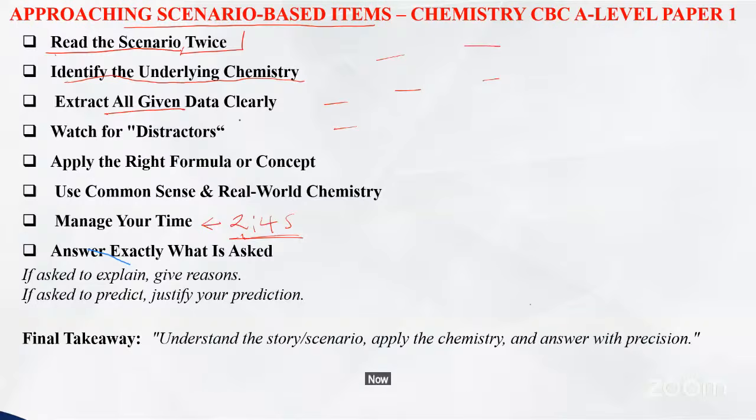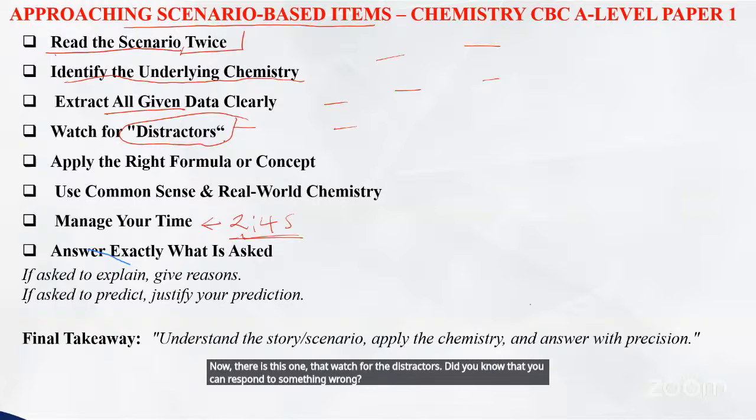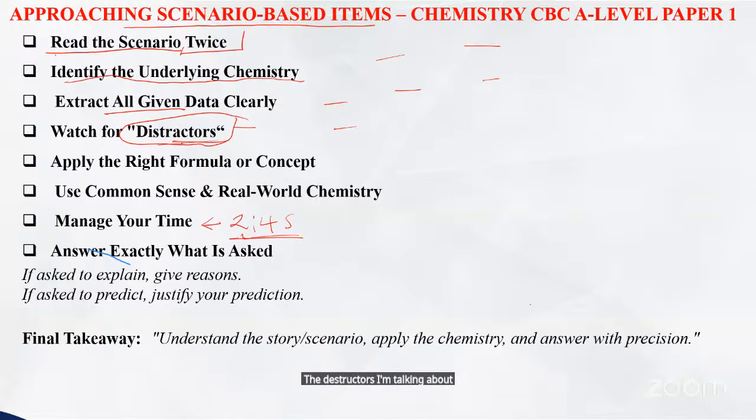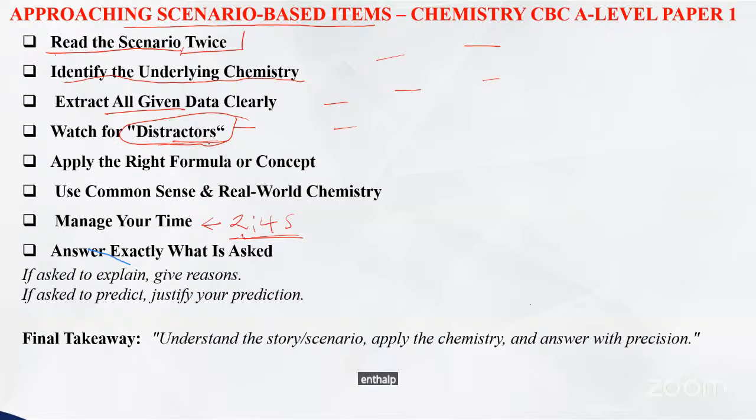Now, there is this one: watch for the distractors. Did you know that you can respond to something wrong? The distractors I'm talking about: read the scenario very well, get to know the exact thing they are looking for. It may be about thermochemistry, and somewhere they're talking about enthalpy, maybe enthalpy of formation. But later you find that instead of enthalpy of formation, they wanted lattice energy.